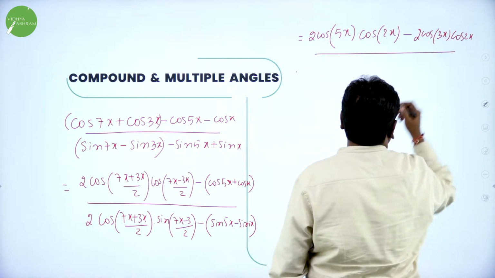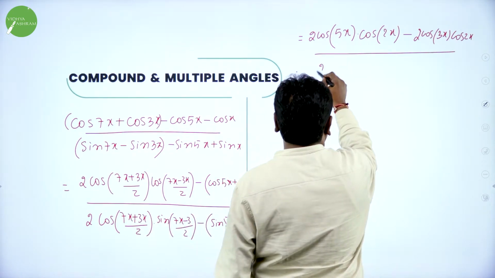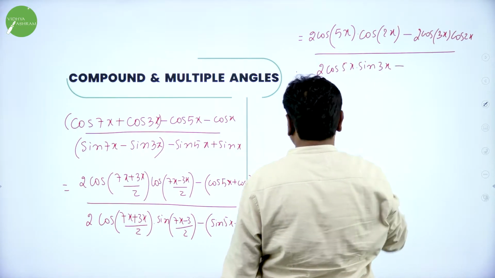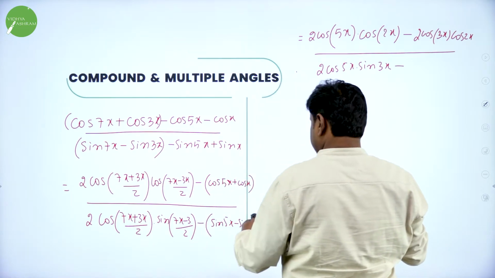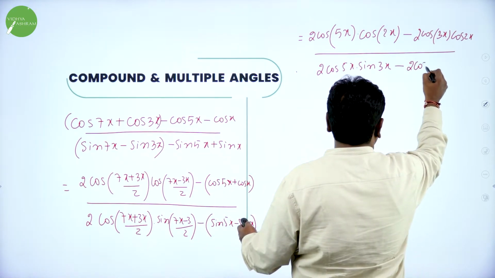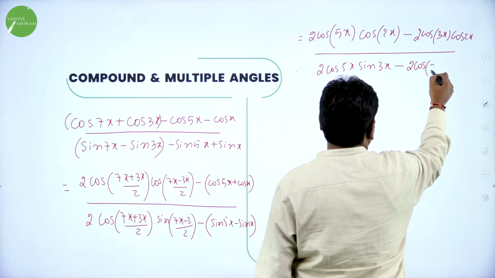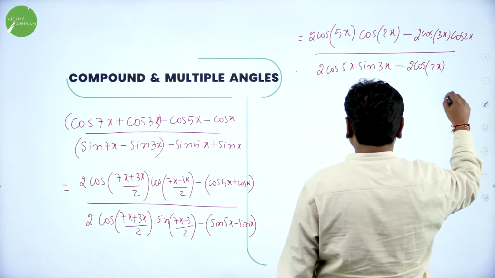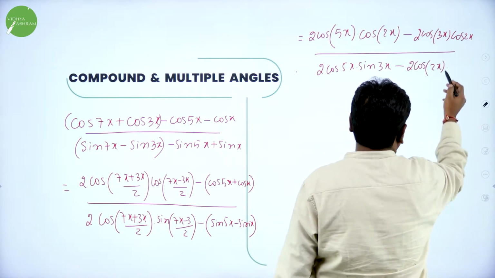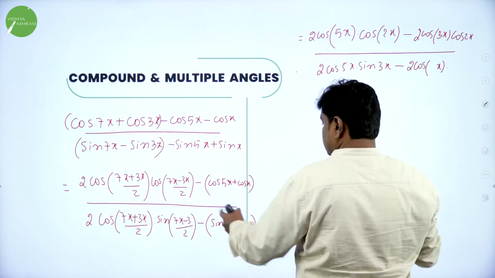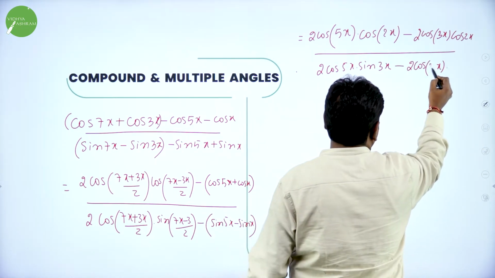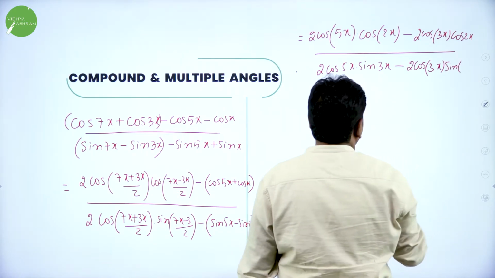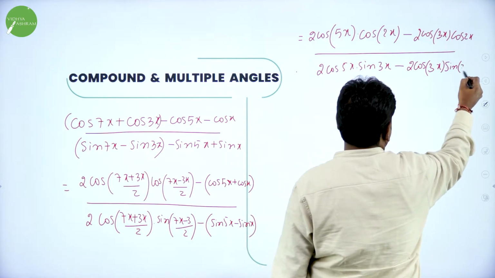Whole thing divided by the denominator, where we will get again cos 5x into sin 3x minus sin C minus sin D, which can be written as 2 cos (C plus D)/2. C plus D by 2, if you do 5 plus 1, 6, 6 by 2 is 3x, into sin (C minus D)/2. 5 minus 1 is 4x, it will be 2x.